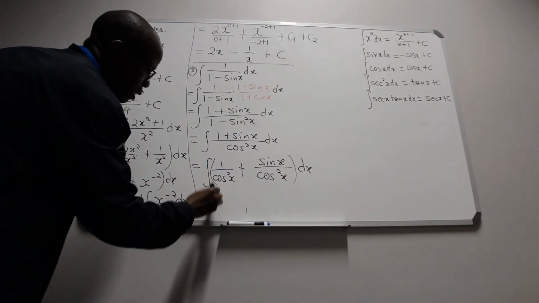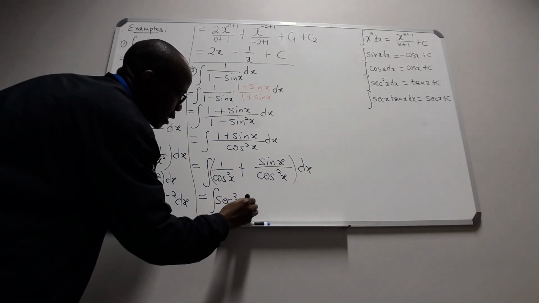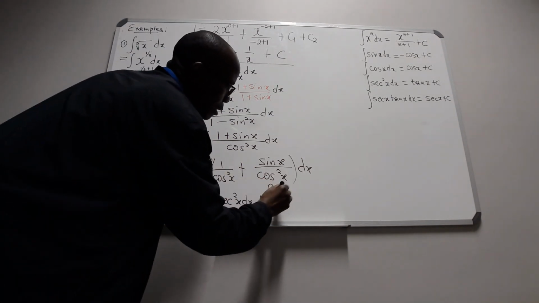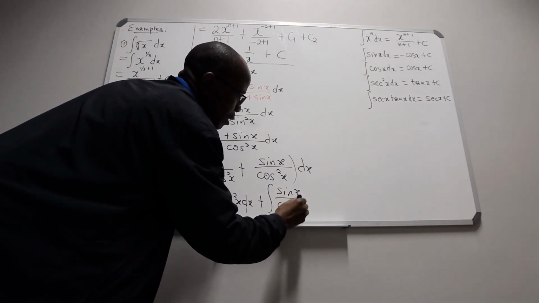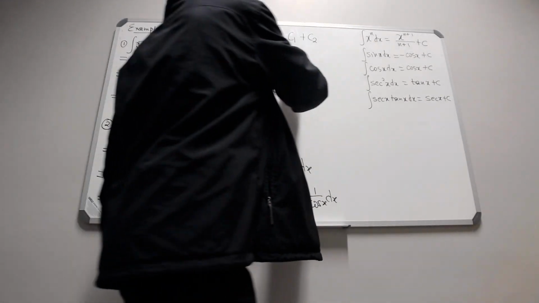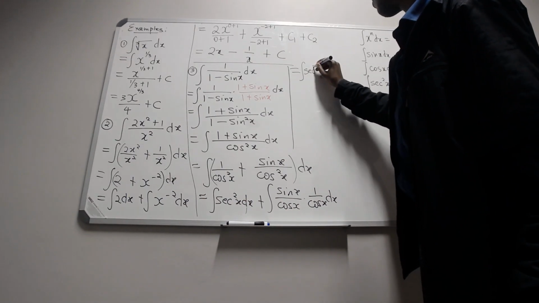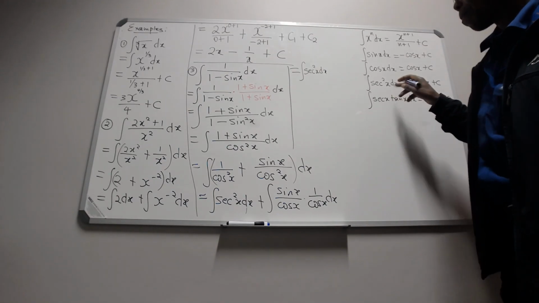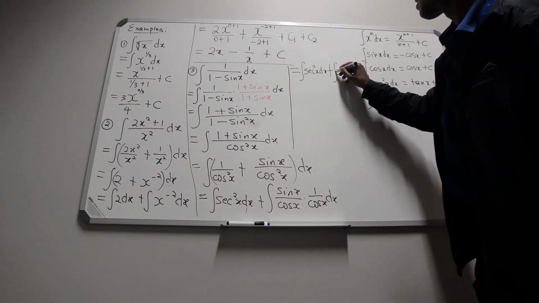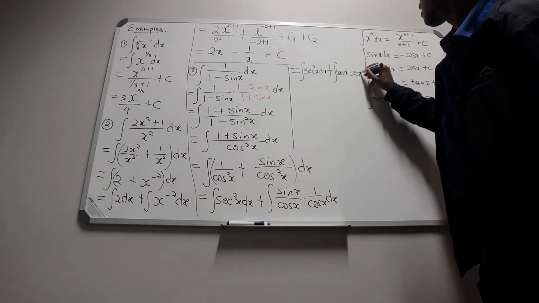This is the integral of 1 over the cosine of x is sec squared x dx, plus this one is the integral now of sin x over cos x times 1 over cos x dx, which is going to give us sec squared x dx, plus this one is the integral sine over cosine is tangent x sec x dx.